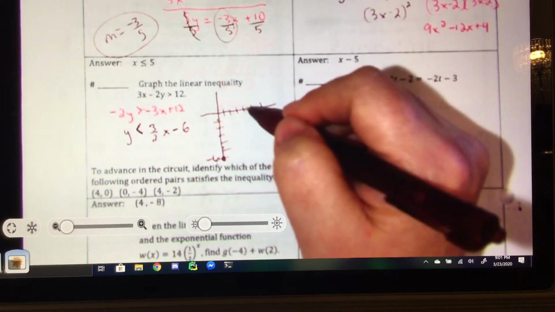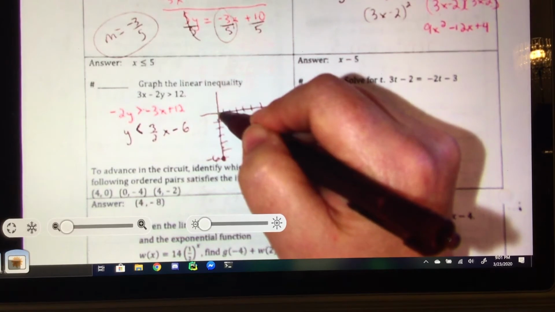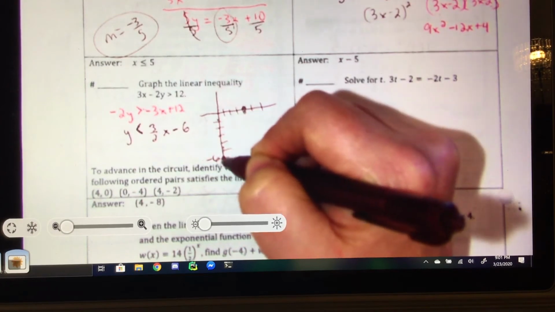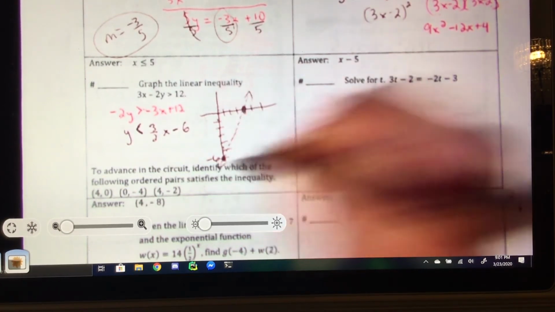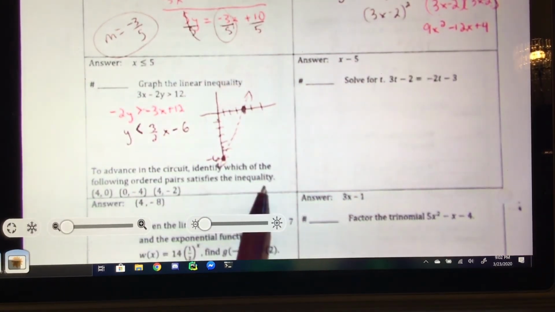If y is 0, x is going to be 4. I'm just doing this in my head, so here is my dotted line. There's my line. And so to advance a circuit, identify which of the following ordered pairs satisfies the inequality.